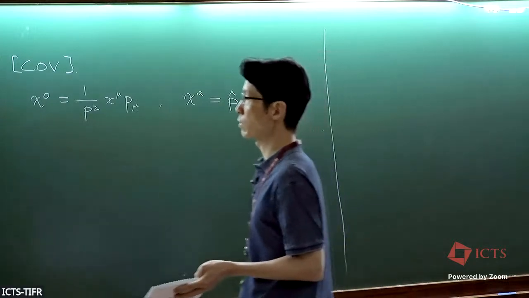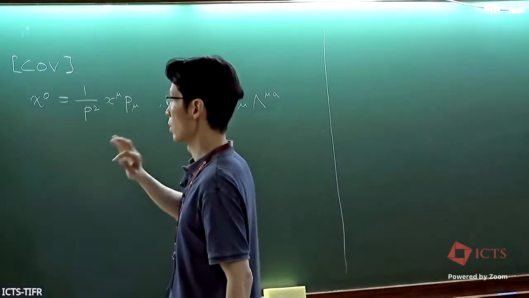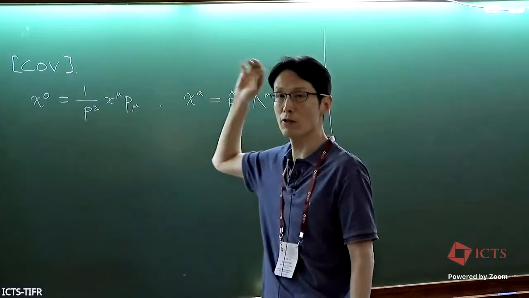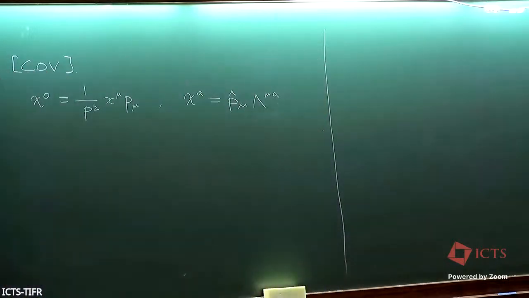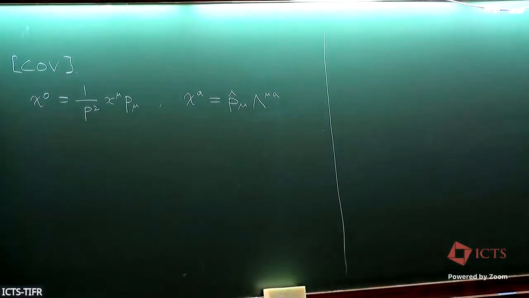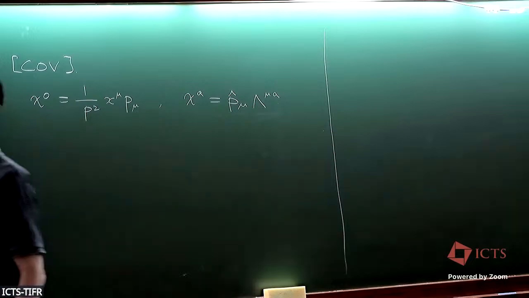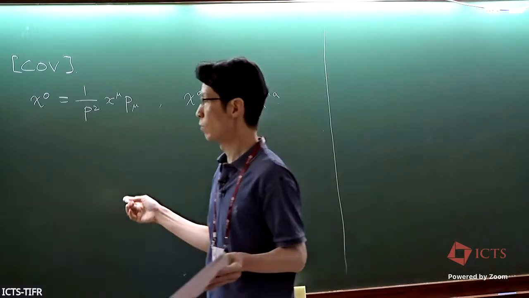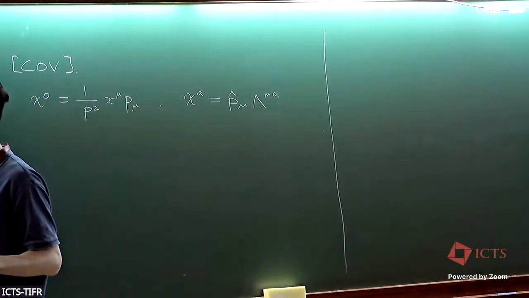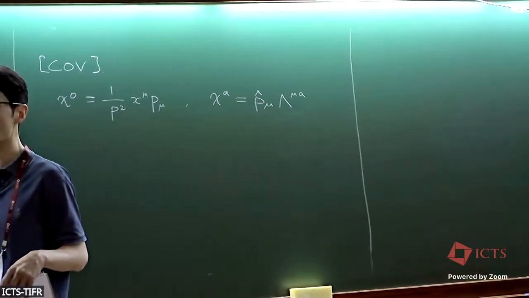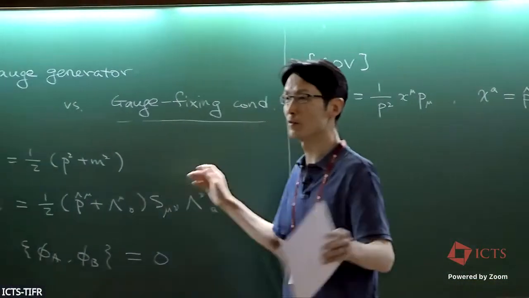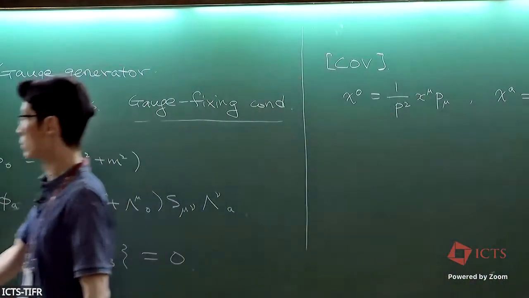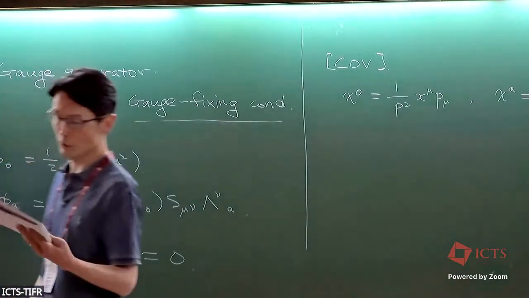And another thing is, if you demand that all the constraints, both gauge generators and gauge fixing conditions, vanish, then you land on this covariant spin condition. Imposing both of these conditions forces this time frame vector along the momentum direction, so they collapse onto each other, and whatever remains enforces this covariant spin condition.